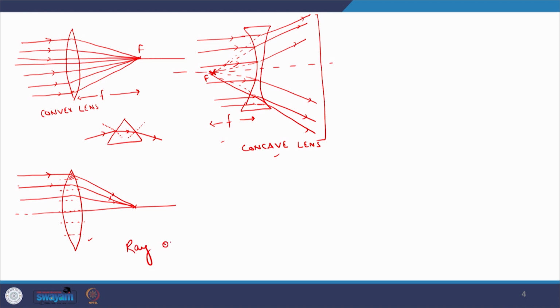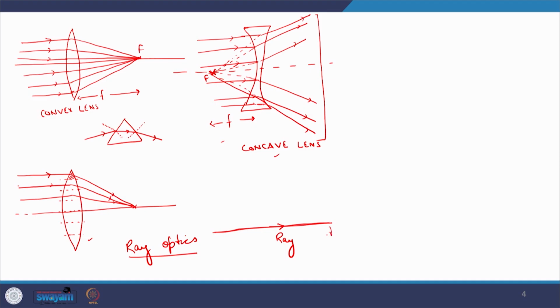Now, these explanations fall in the category of ray optics. Why? Because we only talk about rays, and how do we represent a ray? We draw a line with an arrow. The direction of the arrow tells about the propagation direction, and this line is called a ray. While defining a ray, we neglect the finiteness of wavelength.